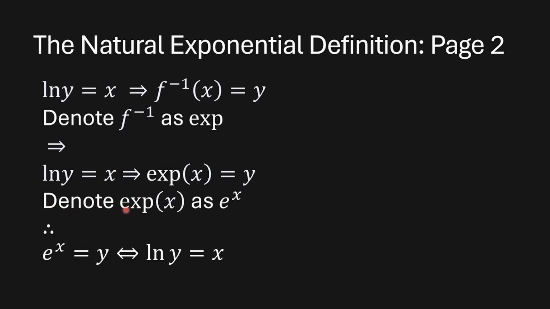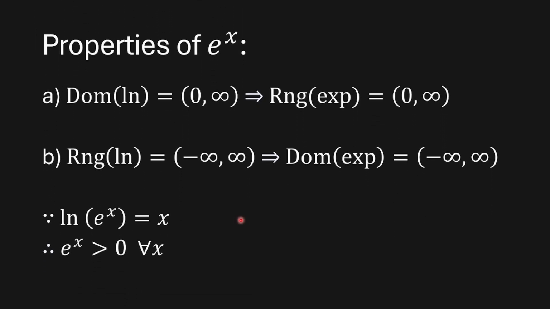Now let's denote the exponential of x as e to the power of x, so the input is in the exponent rather than just a function input. Therefore, e to the power of x is equal to y if and only if ln y is equal to x.